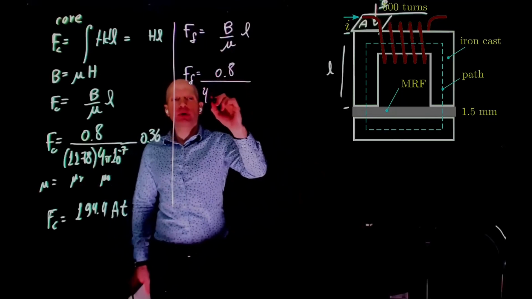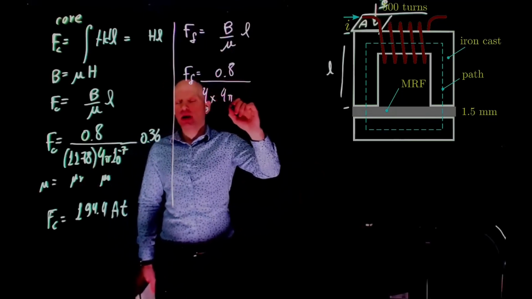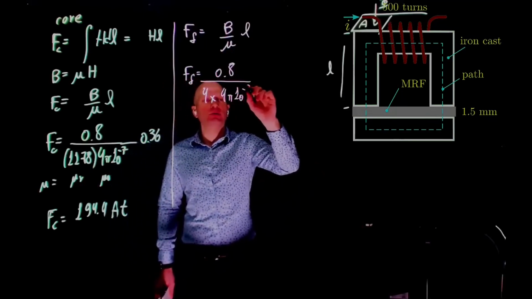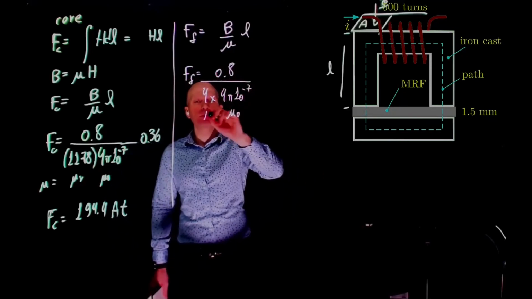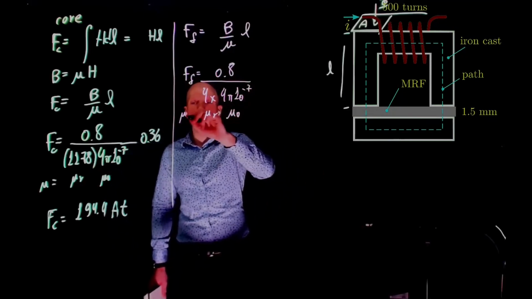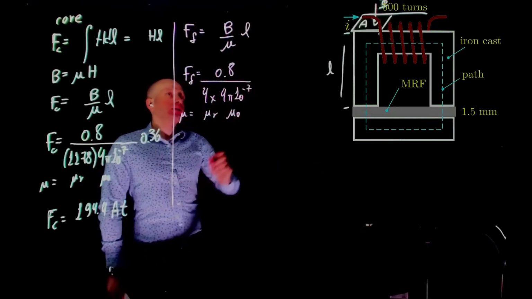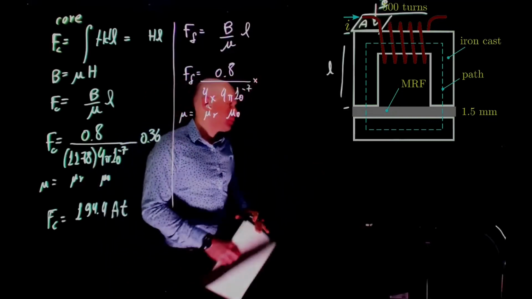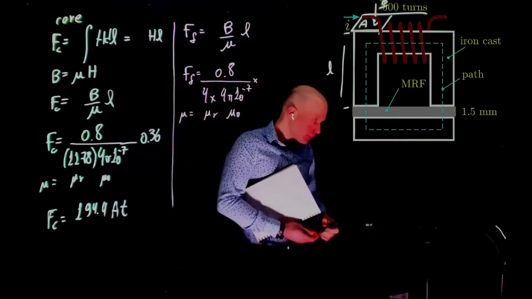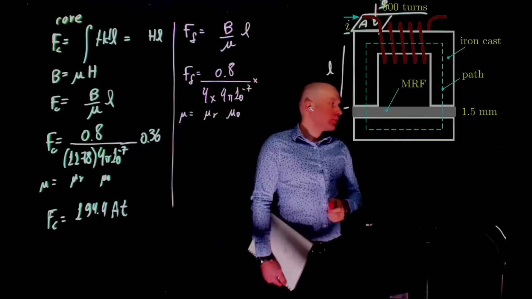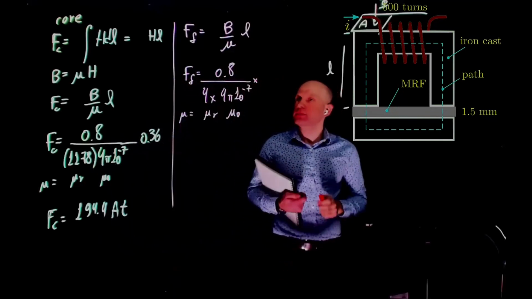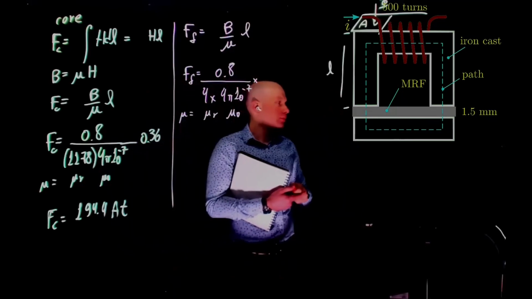That becomes 4 times 4 pi 10 to the power of -7, the permeability of the vacuum. Again, mu 0, mu r, and this is actually mu, times L. Now, what is L? What is L? Any guesses? Is it 3 millimeters? Exactly.